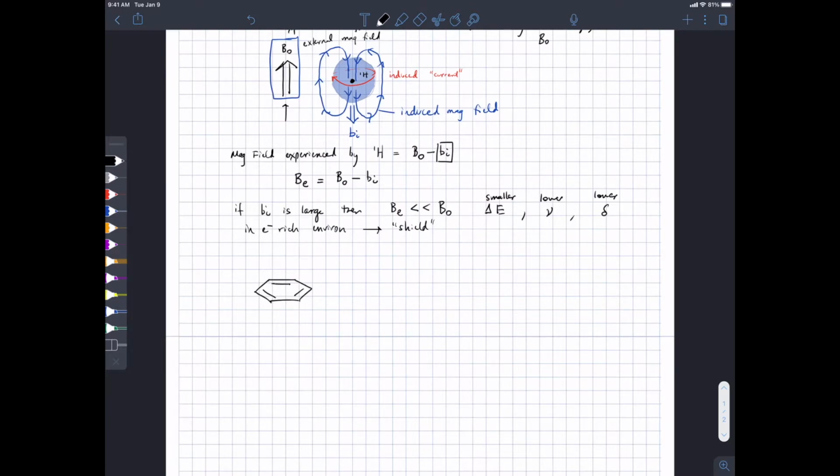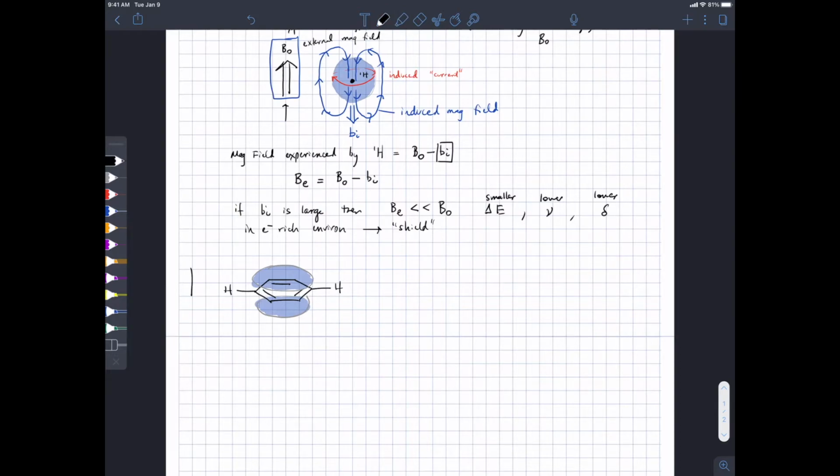We'll just show protons there. The benzene ring is unique because you have this continuous space of pi electrons above and below the ring. I'm just going to show where the pi electrons are above and below the ring; this isn't an orbital.